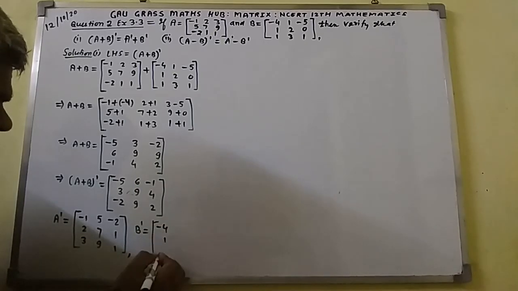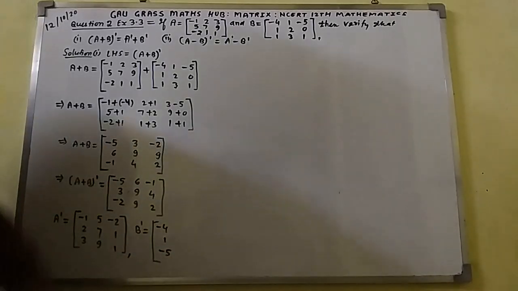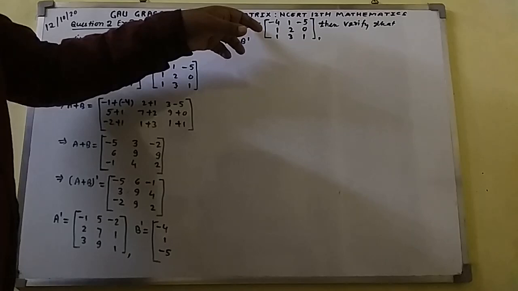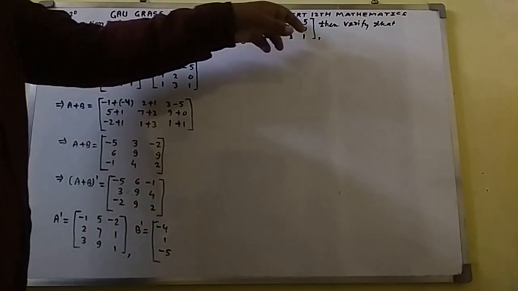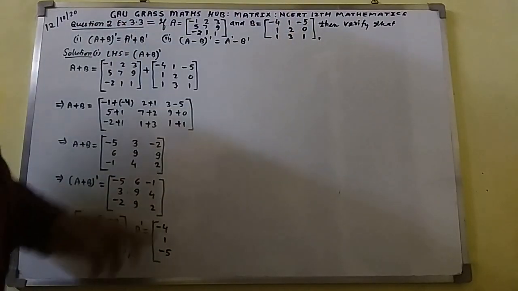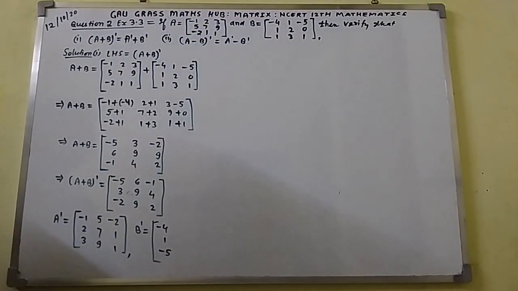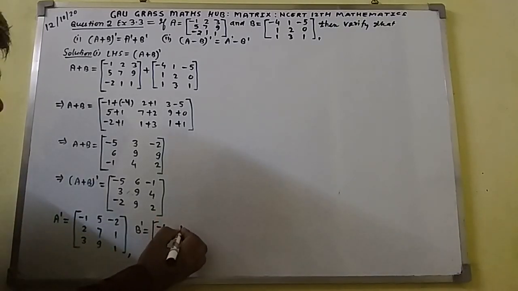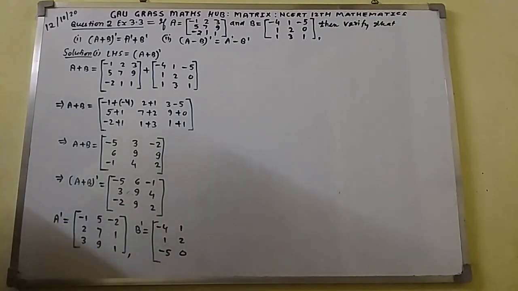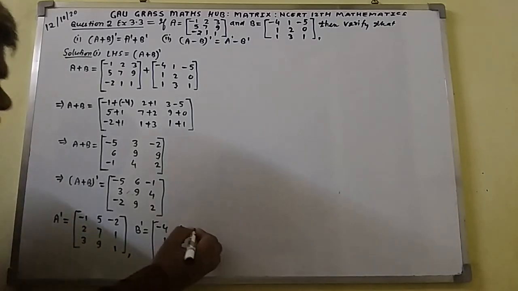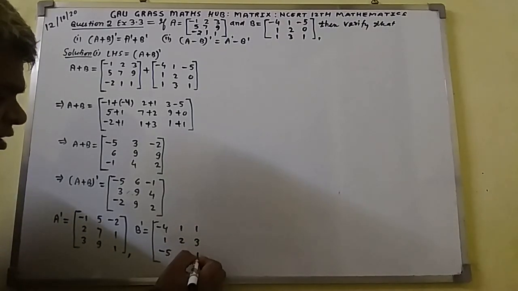So in the matrix B, the first row will become the first column, I have written here. And the second row will become the second column: 1, 2, 0. And the third row will become the third column: 1, 3, 1.